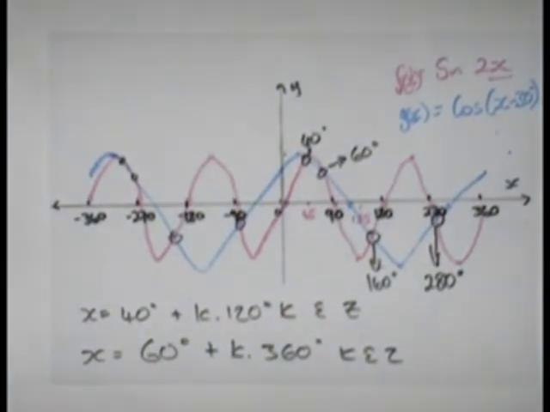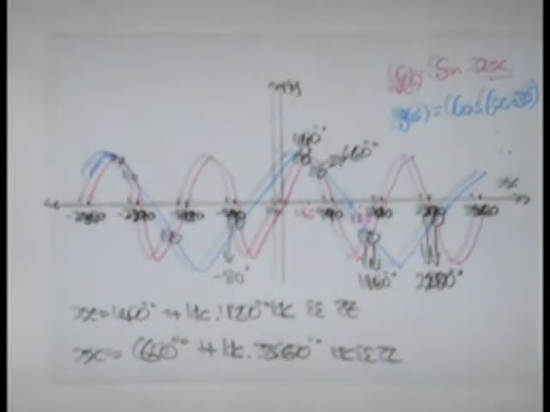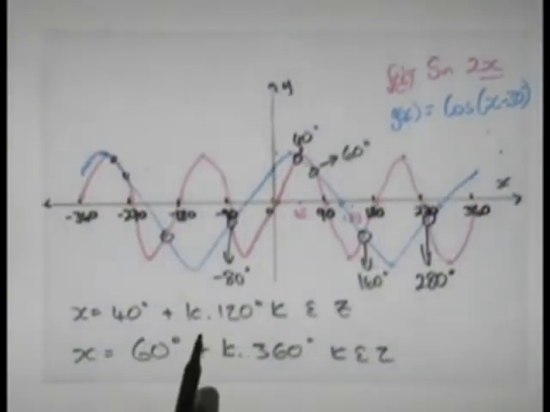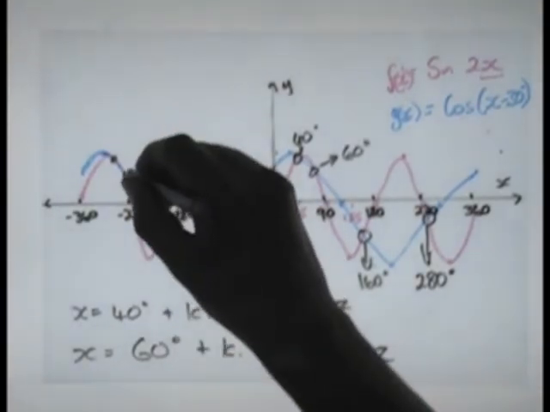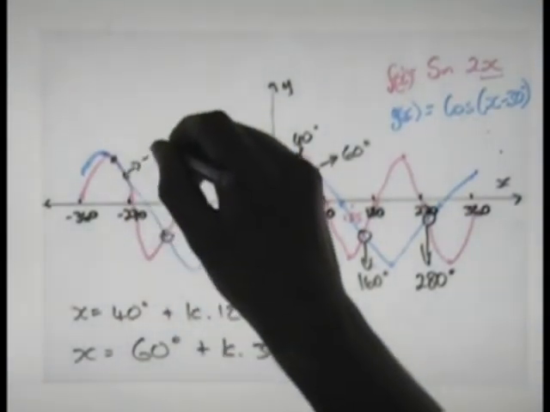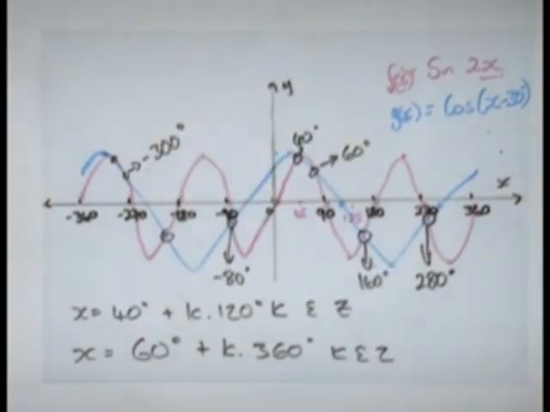Now let's look at the negative axis. The next k value we're going to use is -1. When k is equal to -1 over here, 40 minus 120, I've got that already, -80 degrees. When k is equal to -1 over here, that's going to be 60 degrees minus 360 degrees, which is -300 degrees.